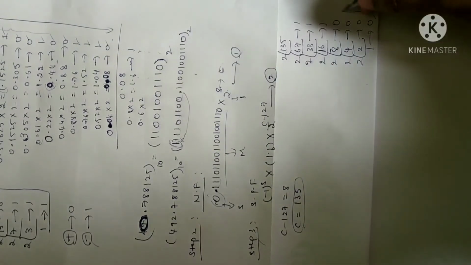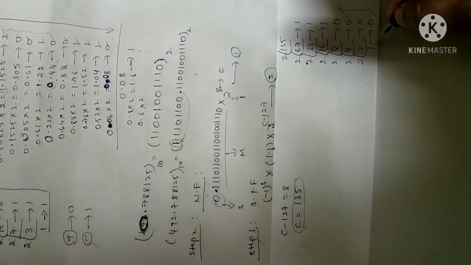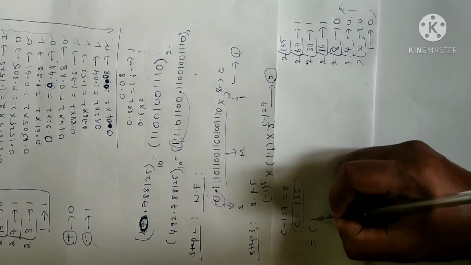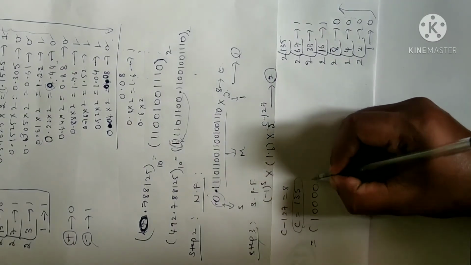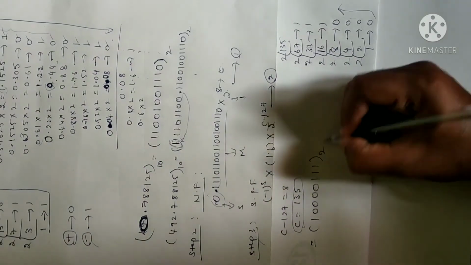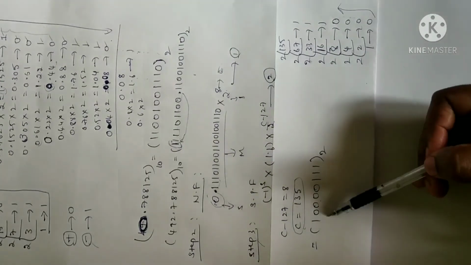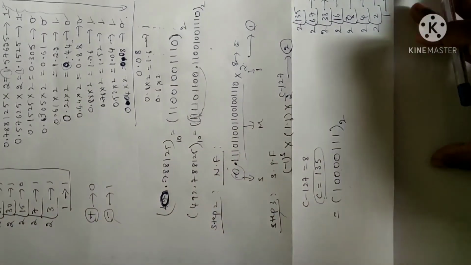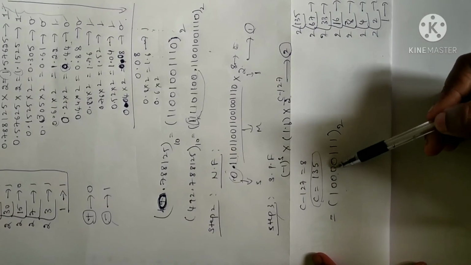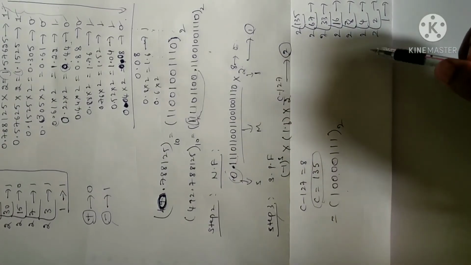Now I have to write in this order. So 135 will become 1 followed by 4 zeros, 1 1 1 base 2. Now in the single precision form, as I already told you in step 3, you should get an 8 digit number. 1 2 3 4 5 6 7 8 digit number I have obtained.